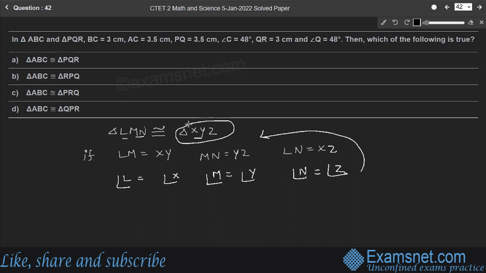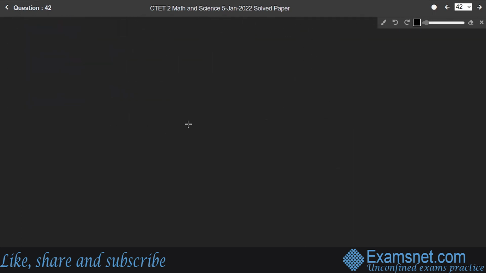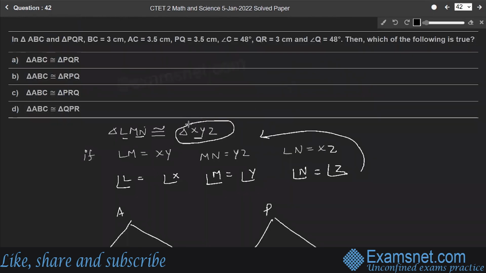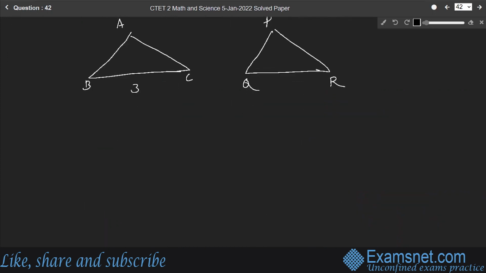If the order differs, if angle M is equal to angle L, then the order of XYZ also differs. So apply the same rule here in case of triangle ABC and PQR also. Consider triangle ABC and PQR. Write the values given. BC is 3 cm, AC 3.5, 3 cm, 3.5. PQ is 3.5, QR is 3 cm.